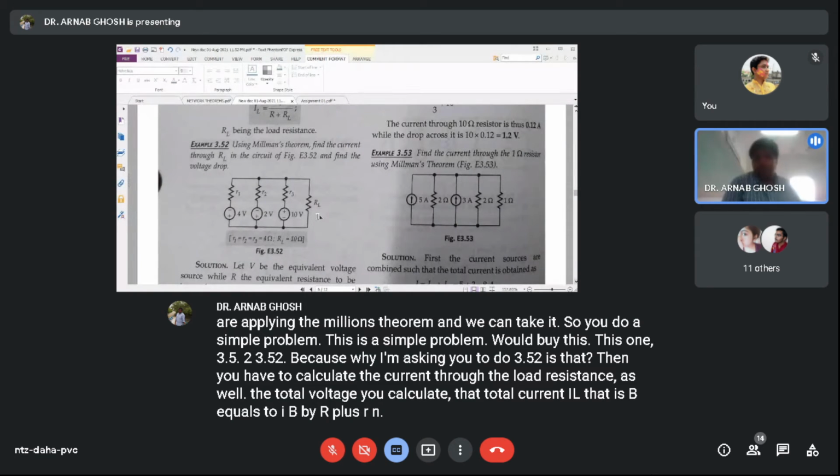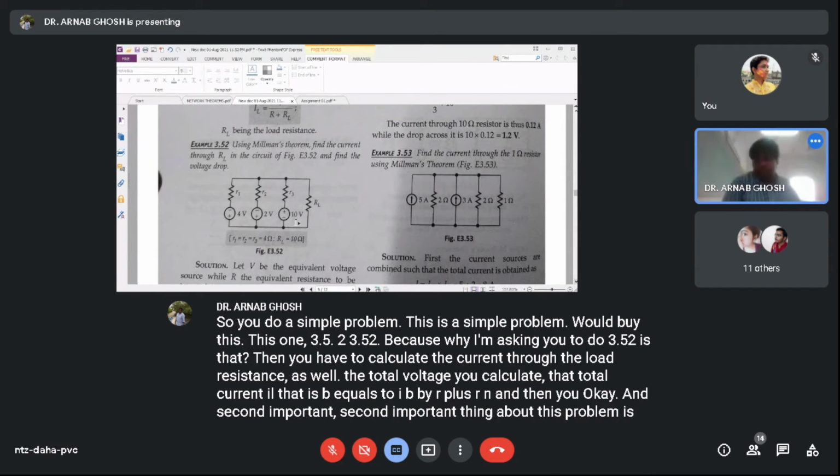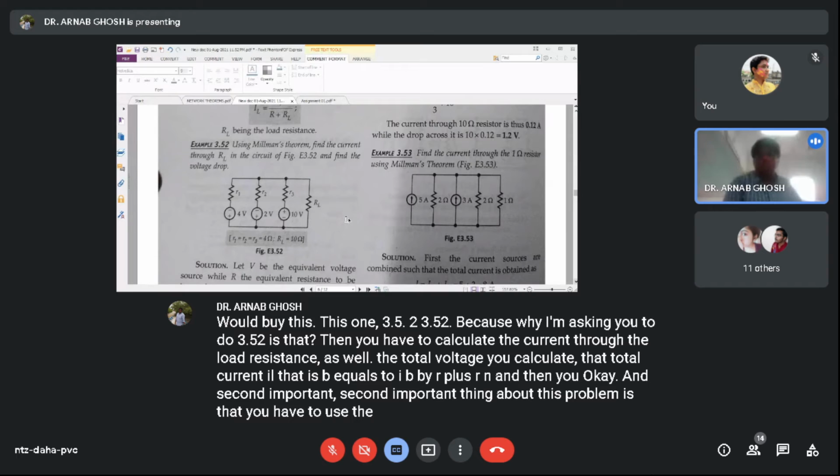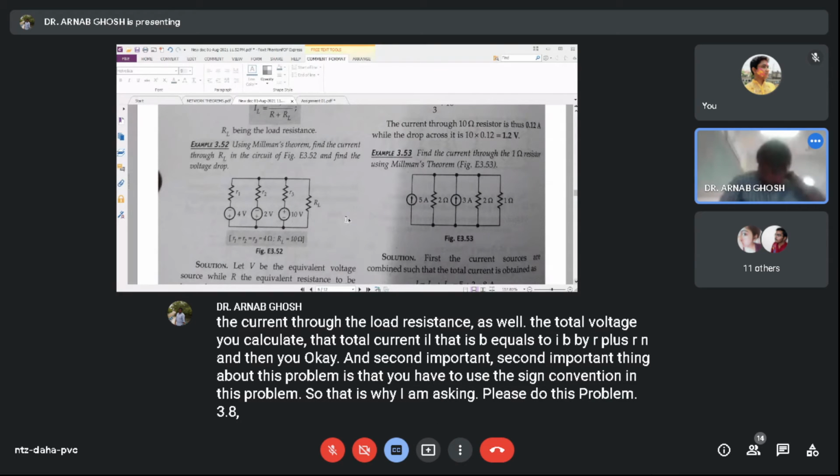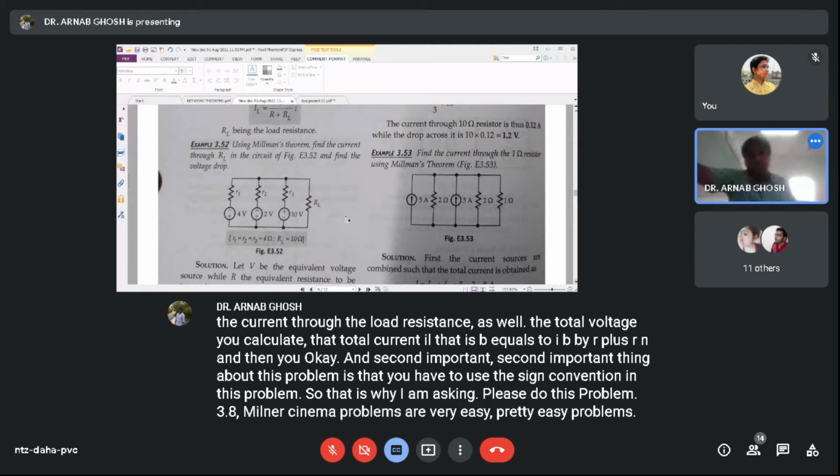And the second important thing about this problem is that you have to use the sign convention in this problem. So that is why I am asking. Millman's theorem problems are very easy, pretty easy problems. I think everybody will be able.